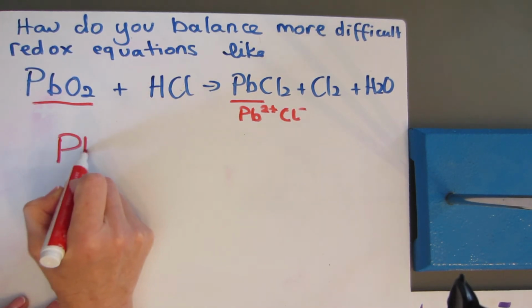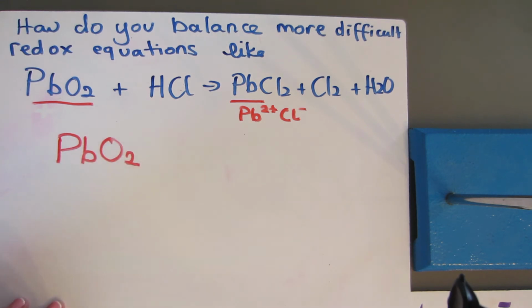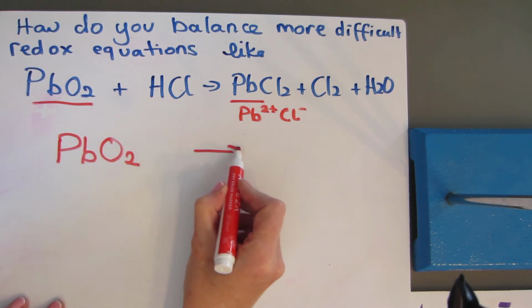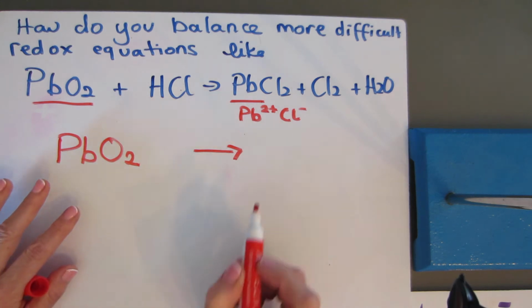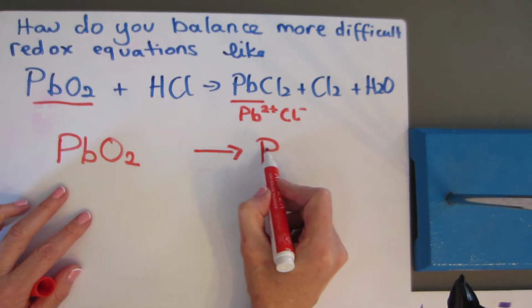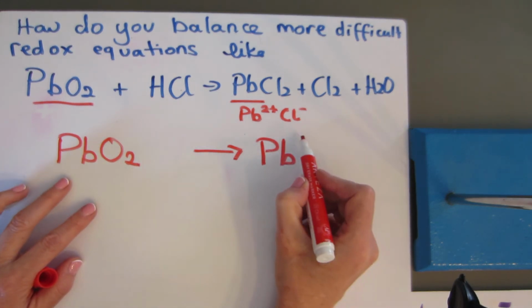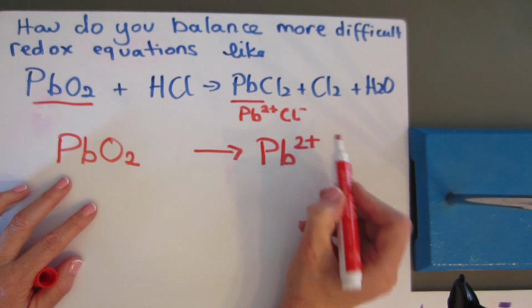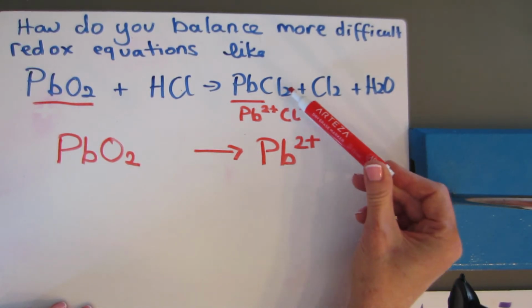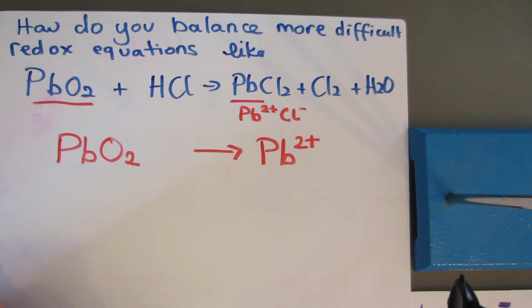So I write down one reactant, and what does it become? The most important change is that the lead has become Pb2 plus ions in lead chloride. But at the moment you should see this is not really balanced, because what happened to the oxygen?